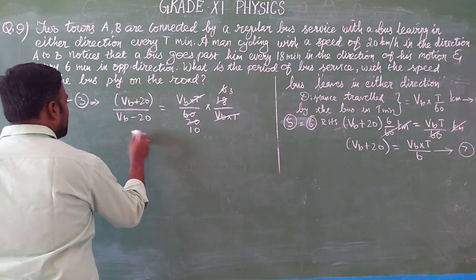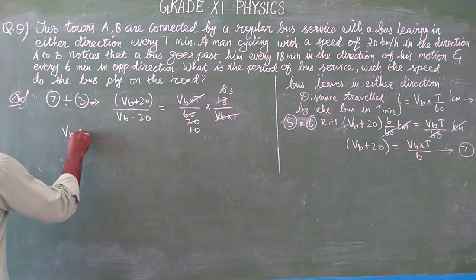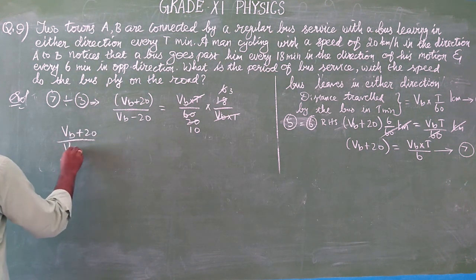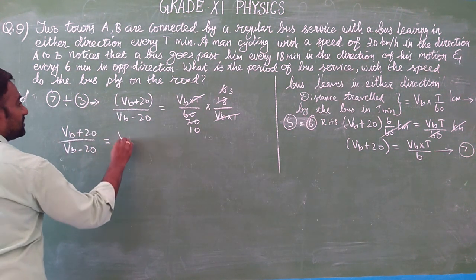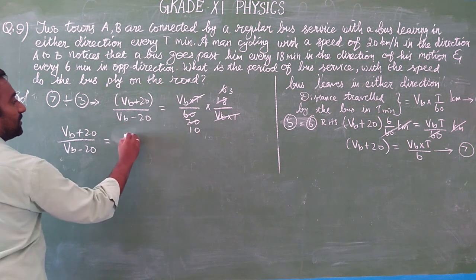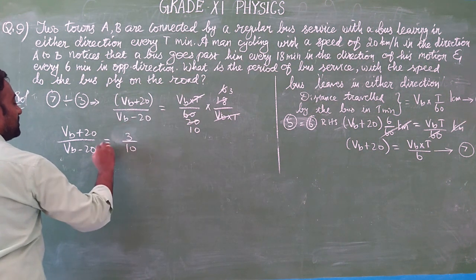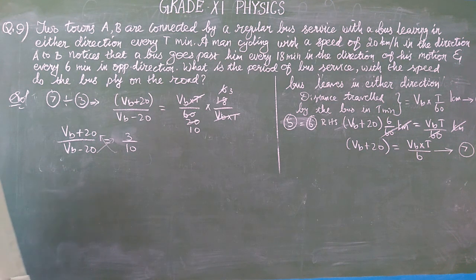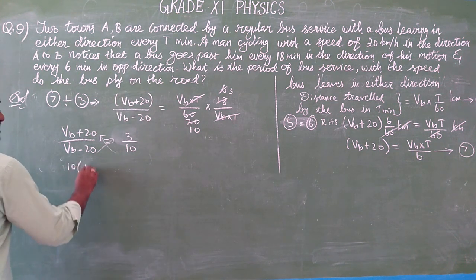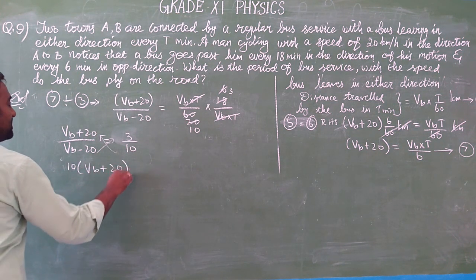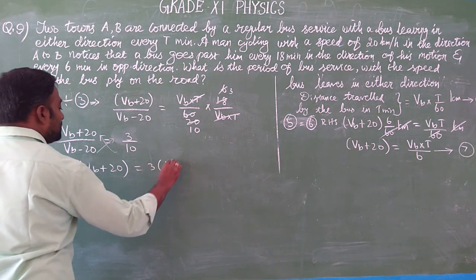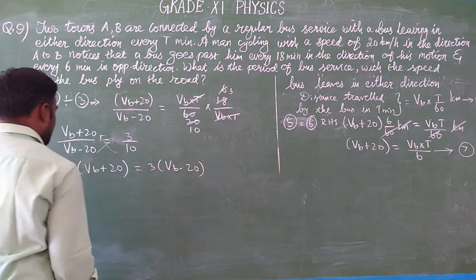Using cross multiplication, what will you get? VB plus 20 divided by VB minus 20 is equal to 3 by 10. Using cross multiplication, 10 into (VB plus 20) is equal to 3 into (VB minus 20).